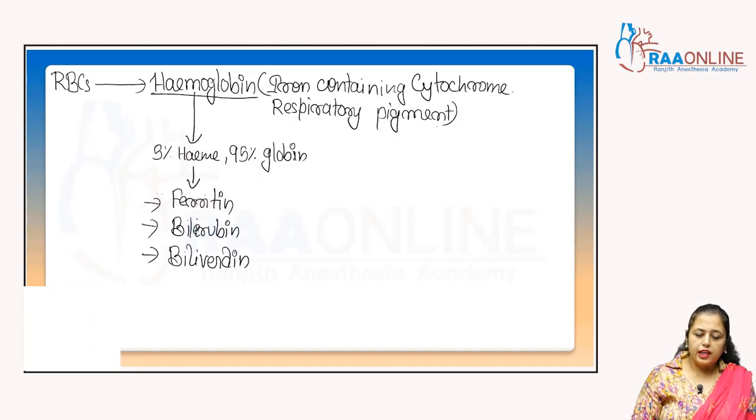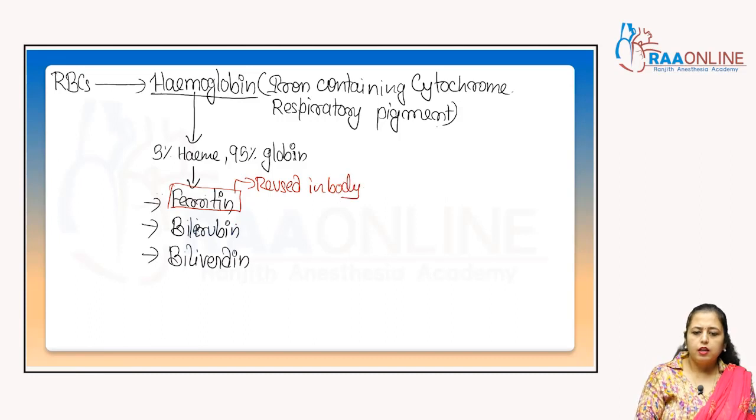So this ferritin is reused in the body, and that bilirubin and biliverdin are the excretory waste products of the liver, right?